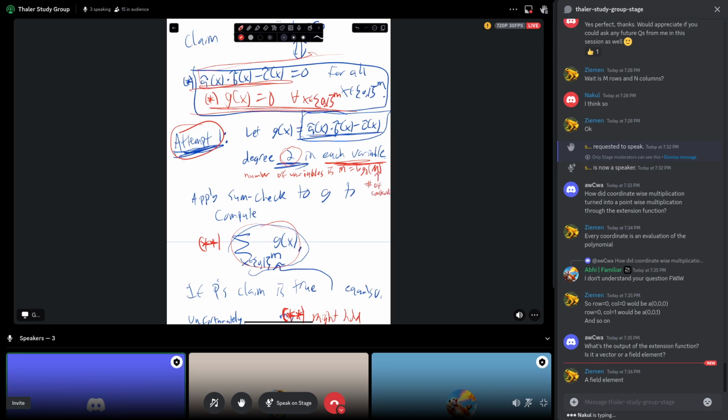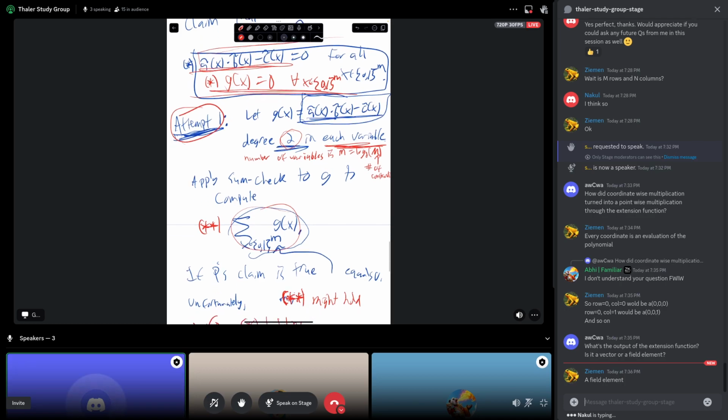So they're unconnected, right? No matter how many constraints there are, the degree of G is 2 in each variable. But the sum check protocol, the prover sends a degree 2 univariate polynomial in each round, and there's 1 round per variable. So this little m is also the number of rounds of sum check.